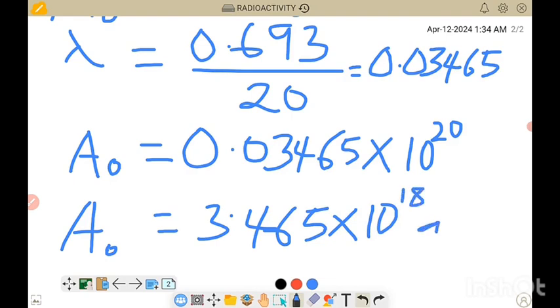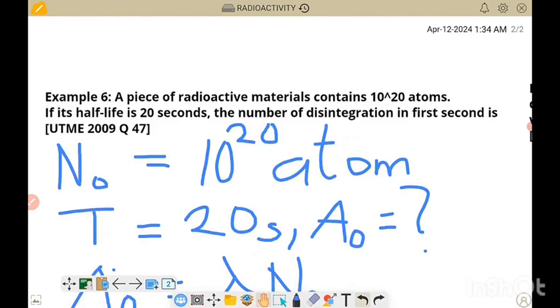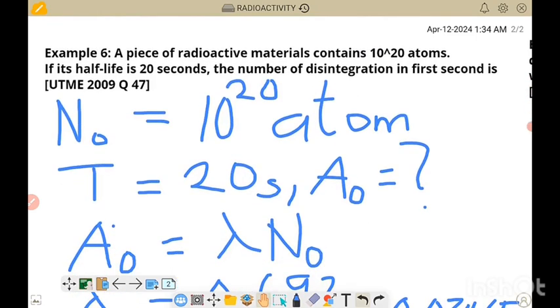That's the answer to that question. Atoms. That is our activities. According to the question, they call it the number of disintegration in the first seconds, and this one is coming from UTME 2009 question 47.